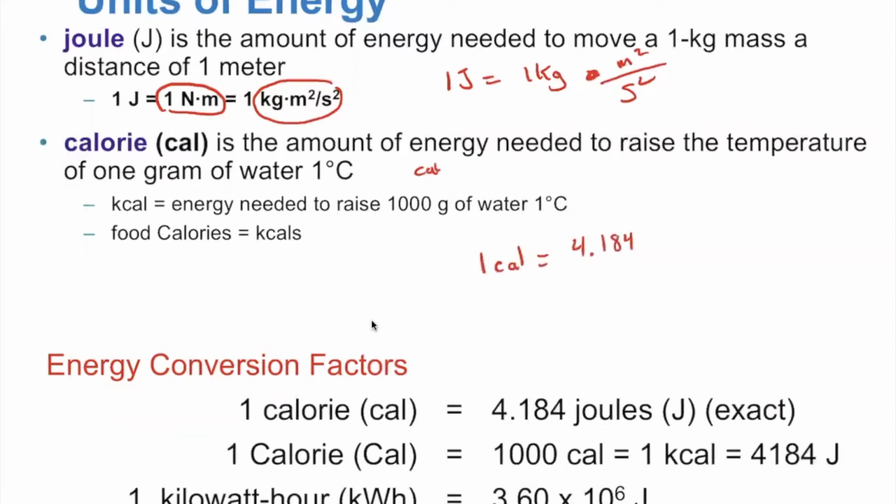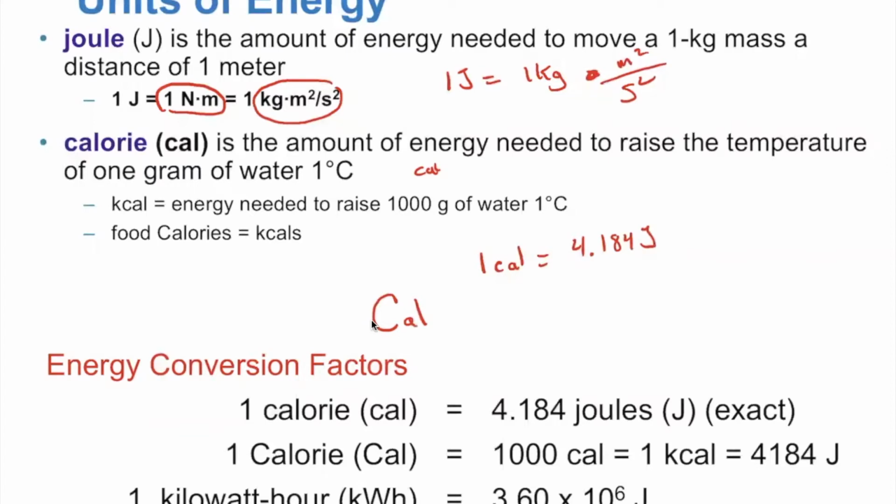4.184 joules. Now, if we're looking in the field of nutrition, we're going to have the big C, big Calorie. And that's just to distinguish it from the other calories. So when we're talking about big Calories, we're talking about nutrition Calories. And 1,000 little calories equals 1 big Calorie.